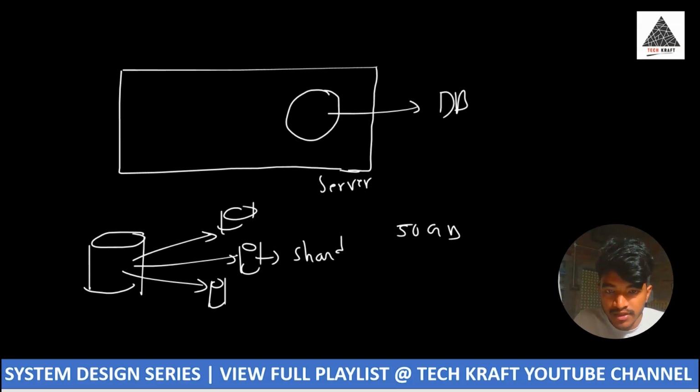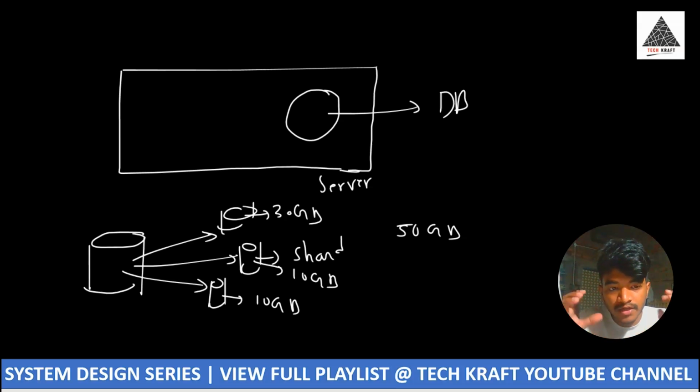We are distributing the data across the shards. We give 30 GB to shard A, 10 GB to shard B, and the remaining 10 GB to shard C. This is called partitioning of data. The data is partitioned among the servers.